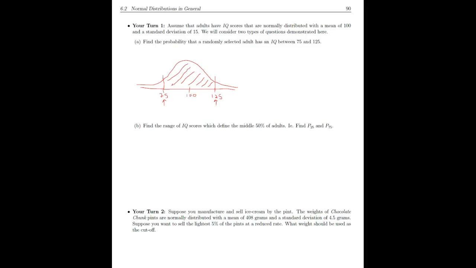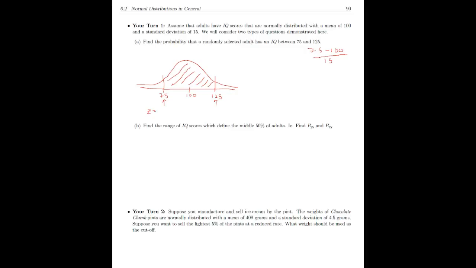So now in order to do that, first we actually need the z-scores themselves. So what is the z-score for an IQ of 75? I'm going to do some work over here. So it'd be 75 minus the mean of 100 divided by the standard deviation of 15.